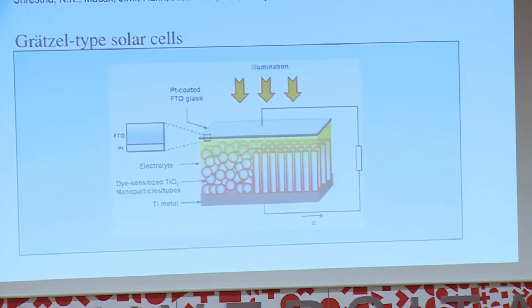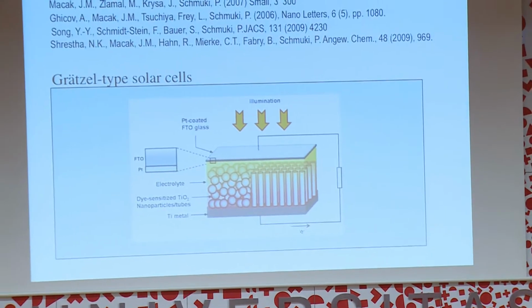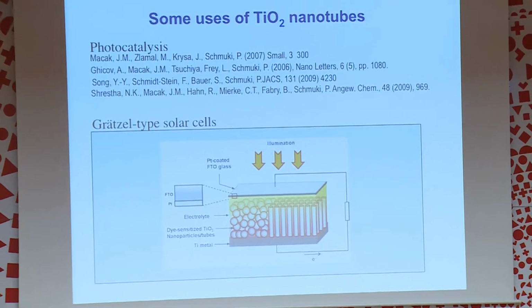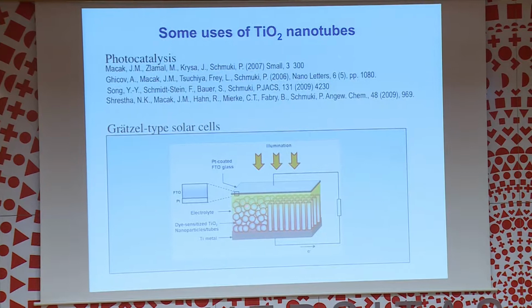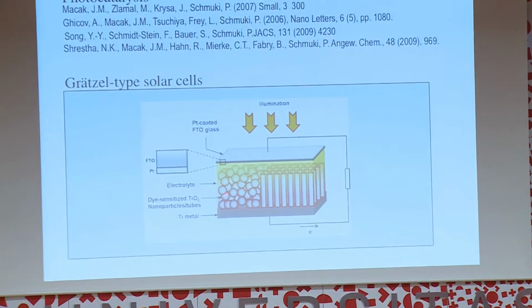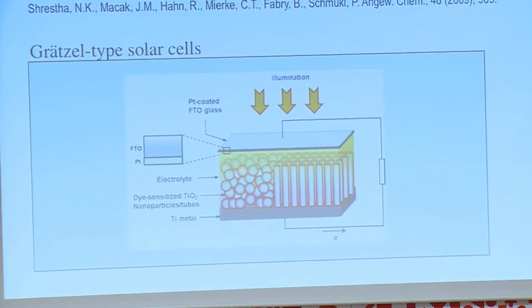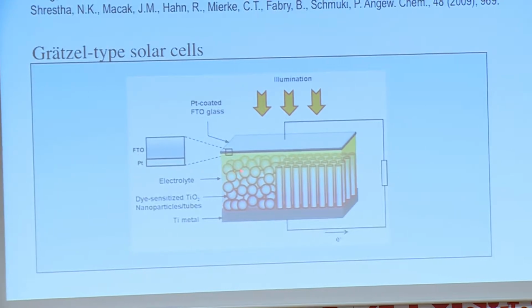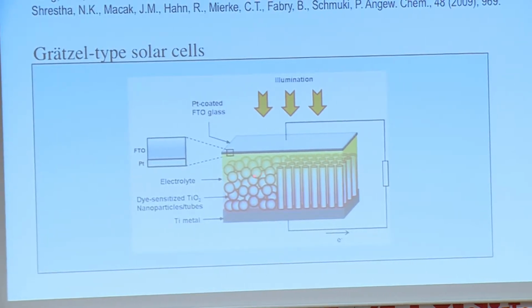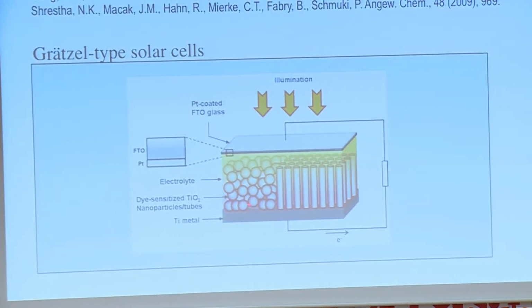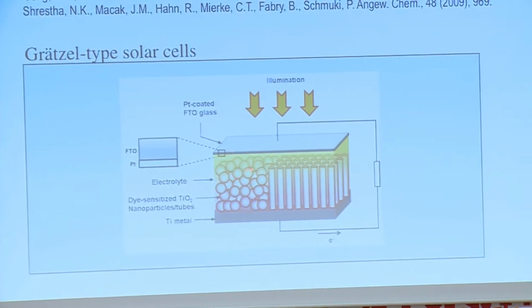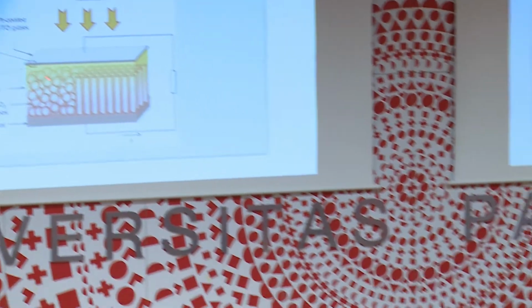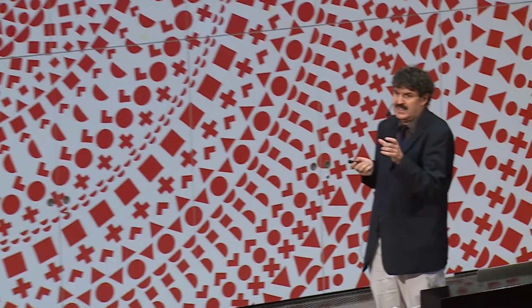Now, very much investigated are the tubes in Grätzl-type solar cells. So the idea is very simple. Maybe most of you have a rough idea how Grätzl-type solar cells work. The classic Grätzl-type solar cells are formed of titanium dioxide nanoparticles. They are compacted to a layer and coated with a suitable dye.